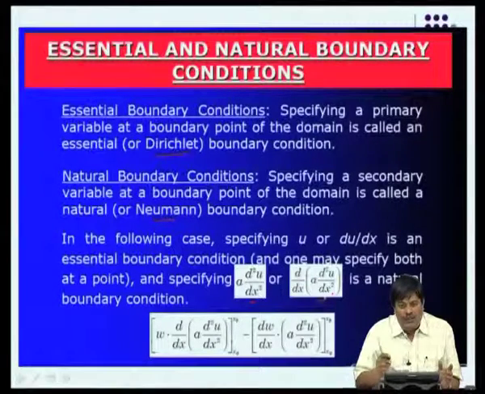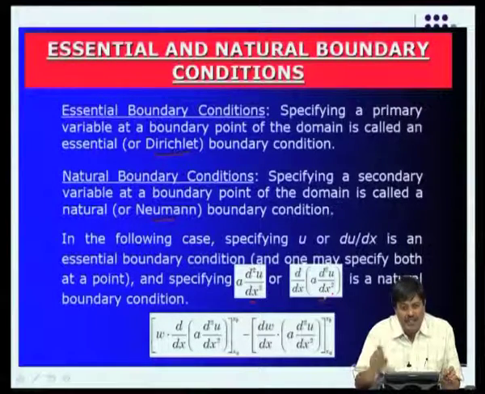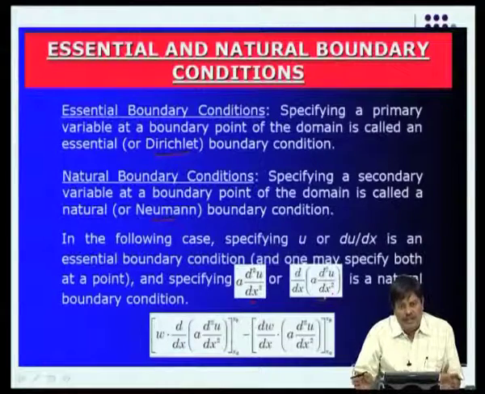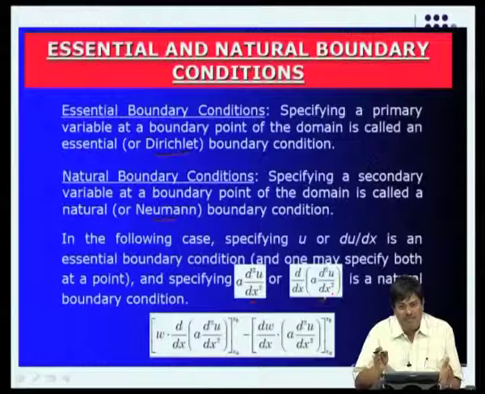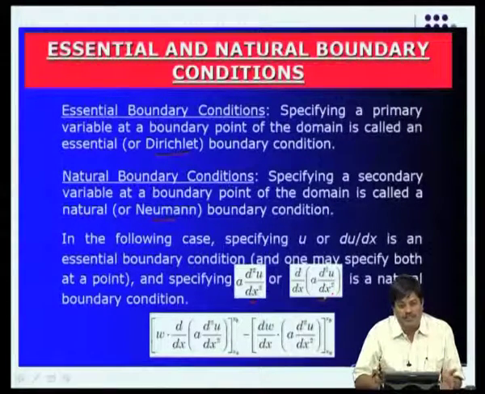So, by taking the governing differential equation, weighting it with a function and integrating by parts, we get a set of boundary terms, and these boundary terms have physical meaning, and they are either the essential boundary conditions or the natural boundary conditions.